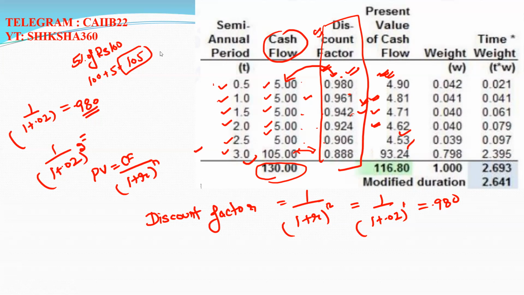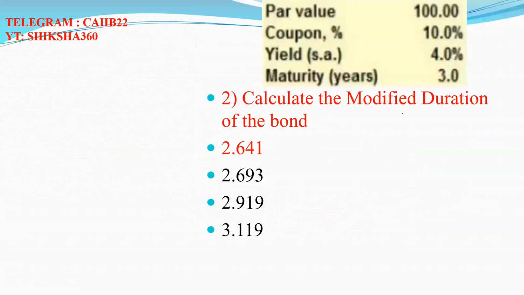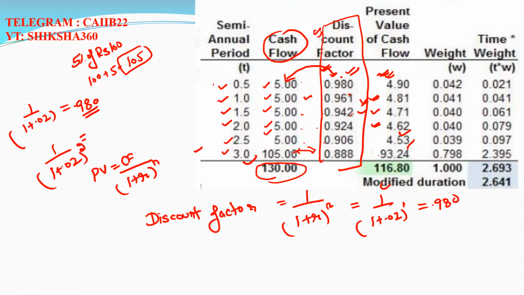Okay. So when we add all these values, we will get 116.80. And in that, in the class, the next step is that we have to multiply this one into this one.